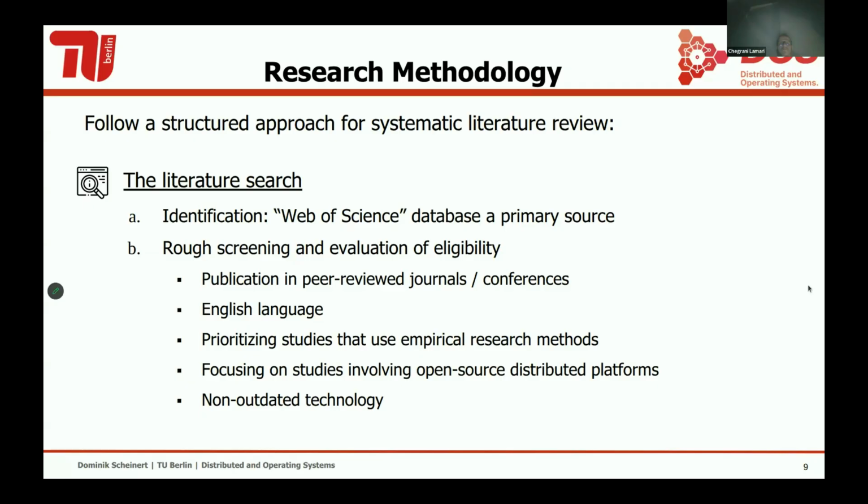We also focused on studies that involved open source distributed platforms to reflect current best practices and industry standards. Most of these commonly used frameworks are actually open source, as can be seen by many of them being adopted and managed by the Apache Foundation.